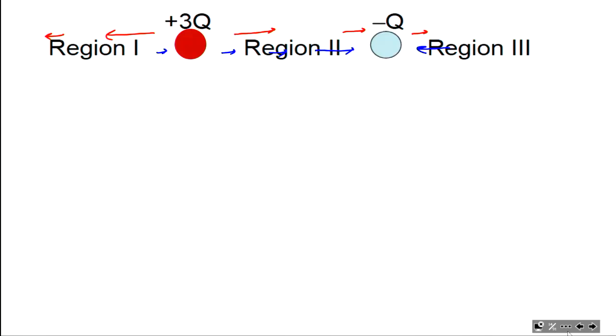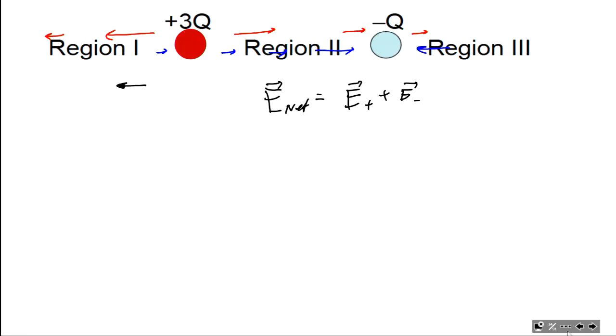So, the net electric field is equal to the sum of the electric field from the positive charge and the electric field from the negative charge. And we can see that the net electric field to the left of the positive charge is never zero.